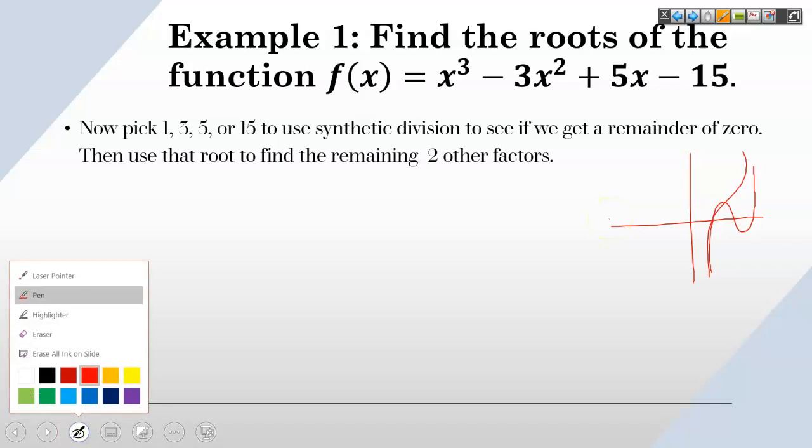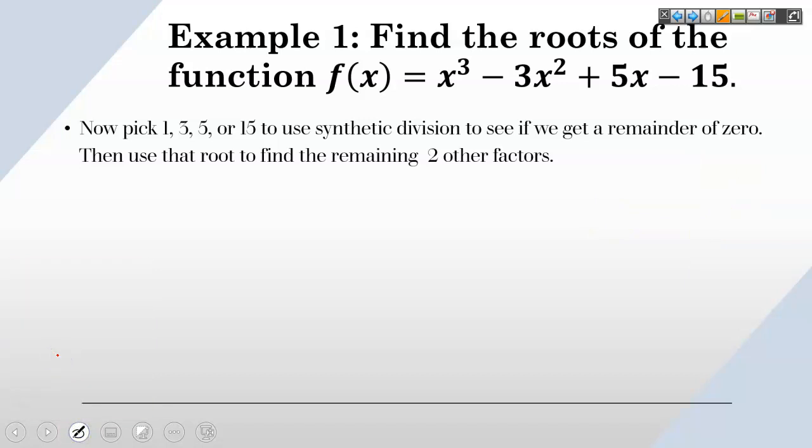Pick a number, 1, 3, 5, or 15, to plug in synthetically to look for a 0. Because we're low on time, I'm going to tell you the number we're going to pick is 3.